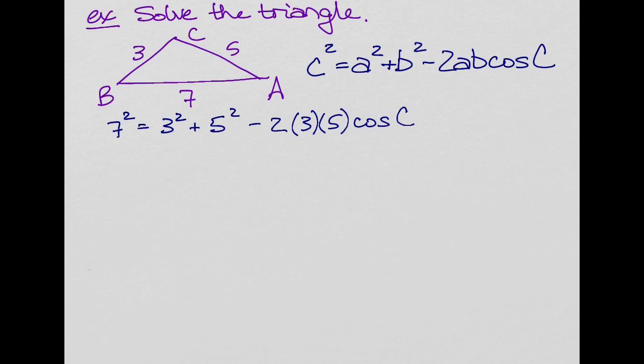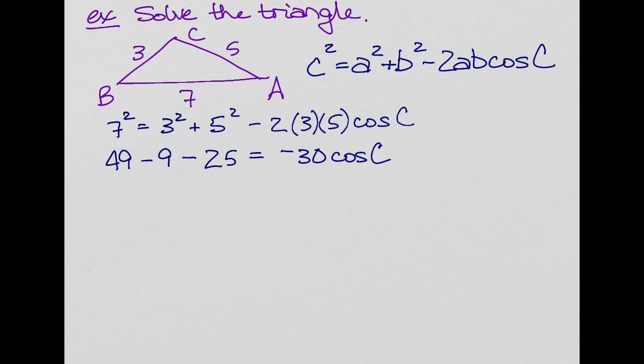Order of operations becomes important here. So I'm going to do 49, 7 squared, minus 3 squared, minus 5 squared. And then I got negative 2 times 3 times 5, so it's like negative 30. Be careful.